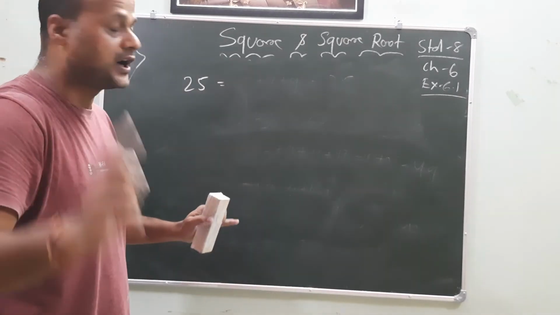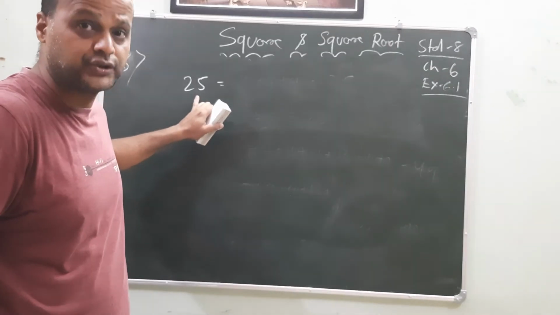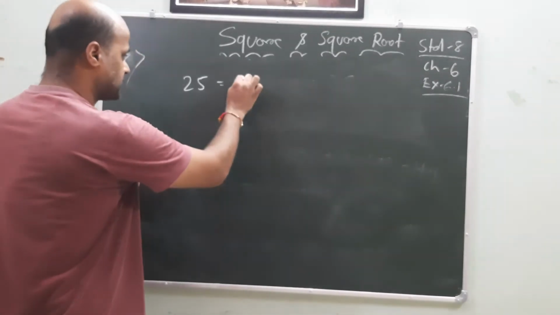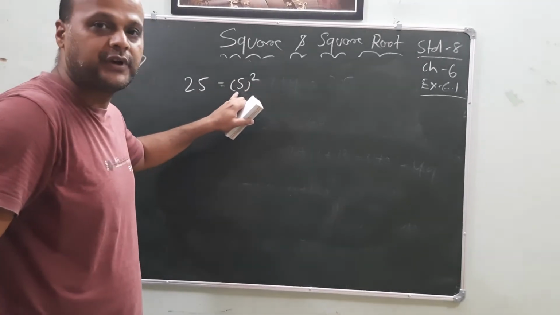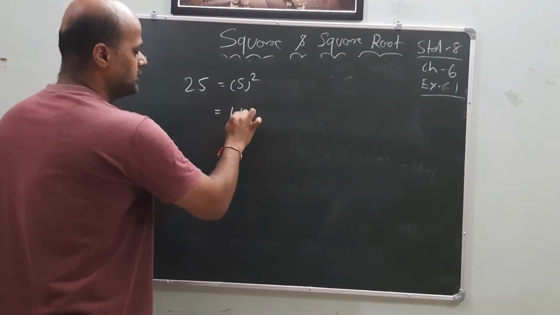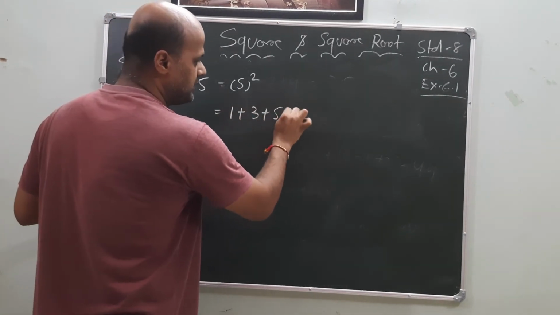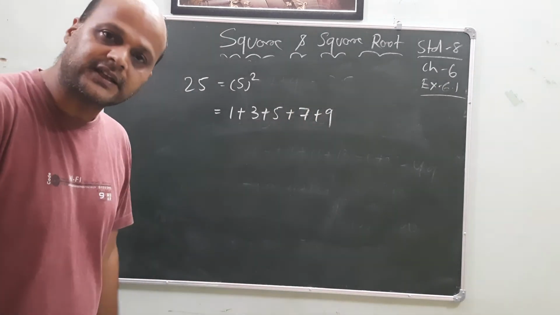First step is what? Which square is 25? Yes, 5 square is 25. So I have to take 5 odd numbers: 1 plus 3 plus 5 plus 7 plus 9. This is the answer.